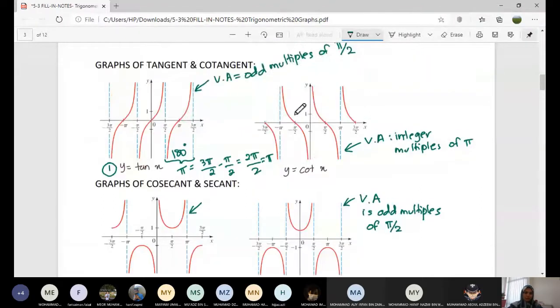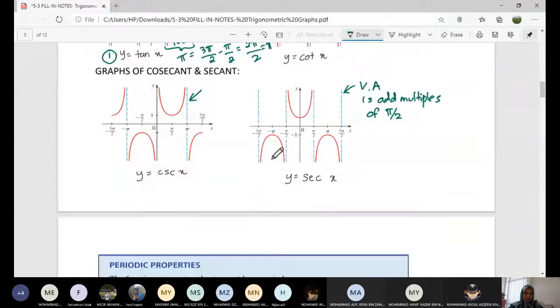For cotangent, it will reverse the graph from the tangent. For cosecant and secant, actually secant comes from the graph of cosine. Initially, we have the graph of cosine, it starts from here. The green one is the graph of cosine, and so on.